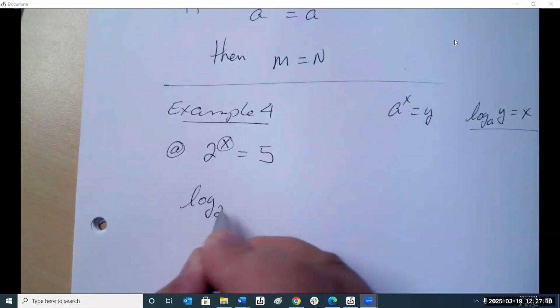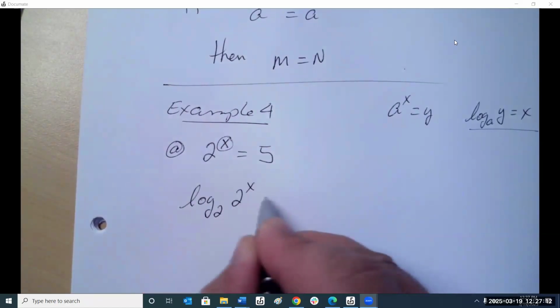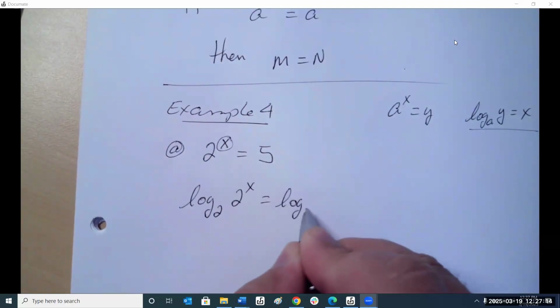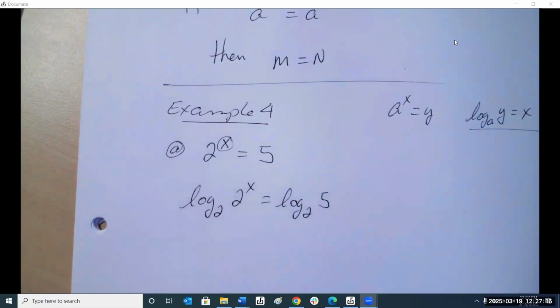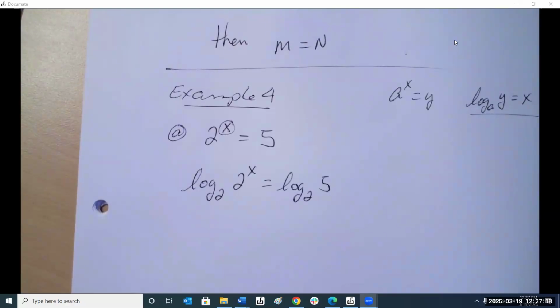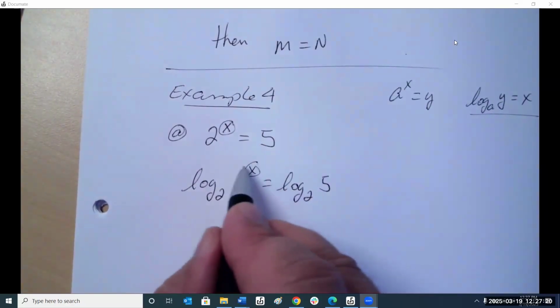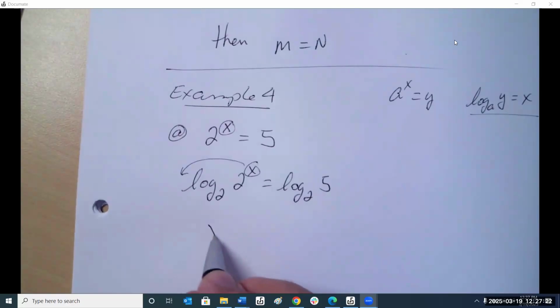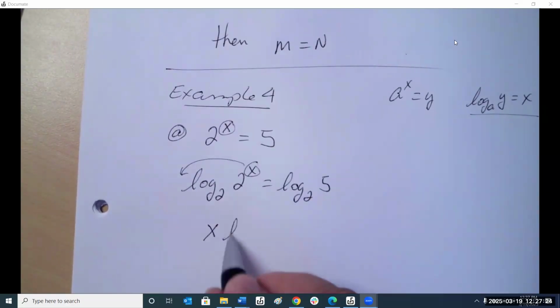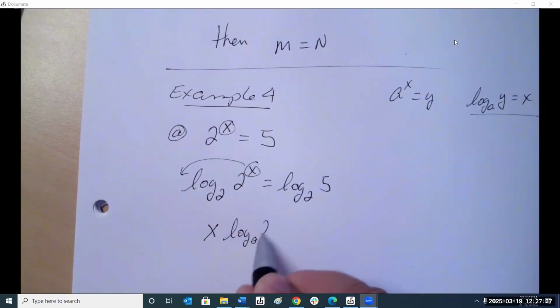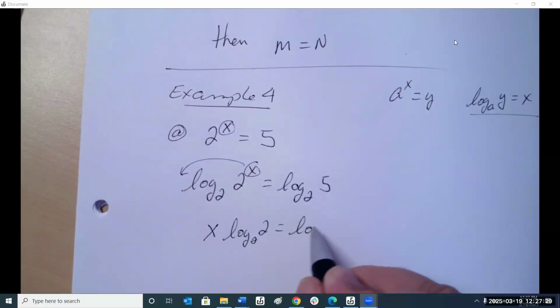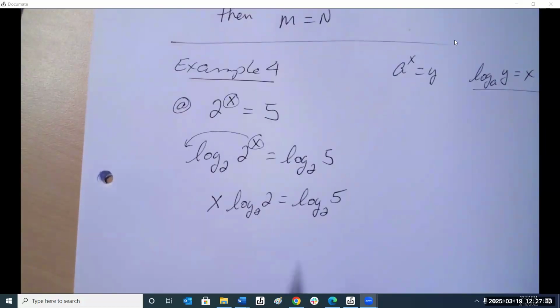if we take the log base 2 of both sides. The exponent goes out in front. Then we have log base 2 of 2. What is log base 2 of 2? 1.